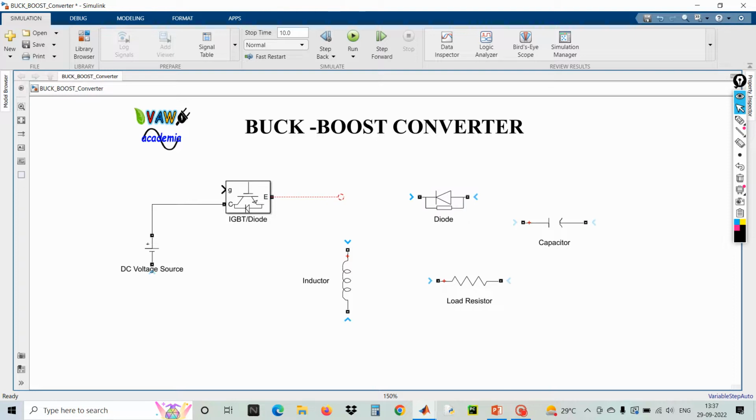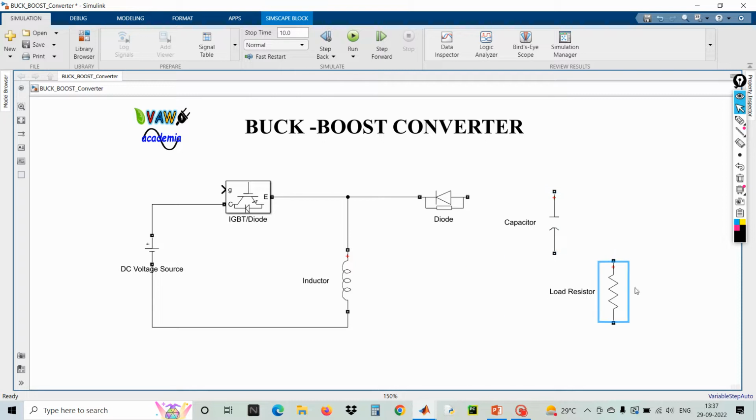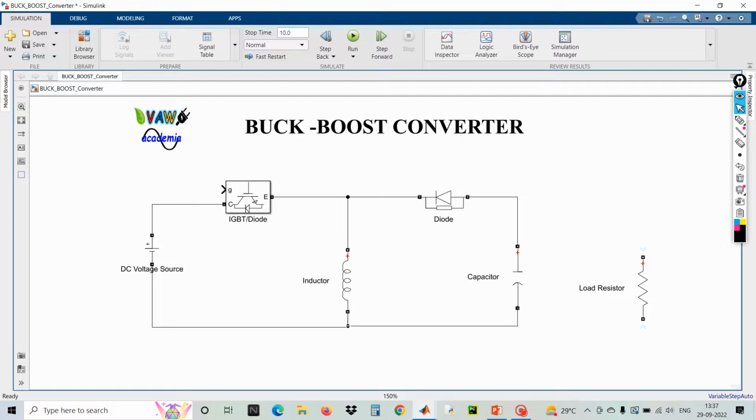In such a manner, the circuit will work. Now the basic circuit is completed.